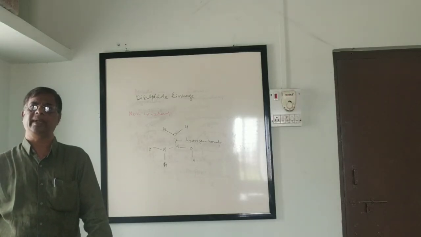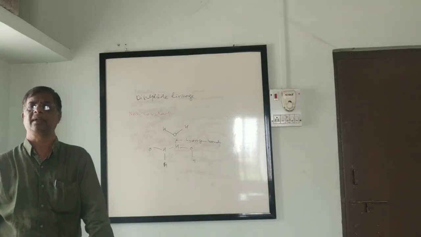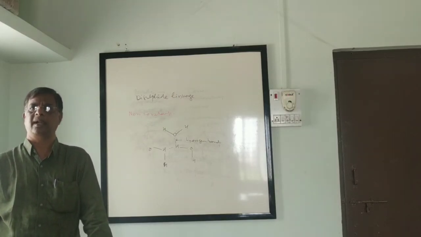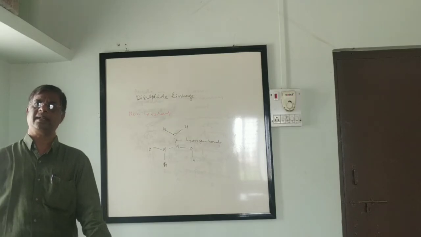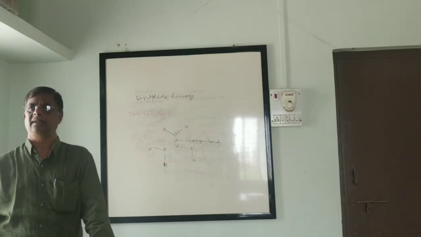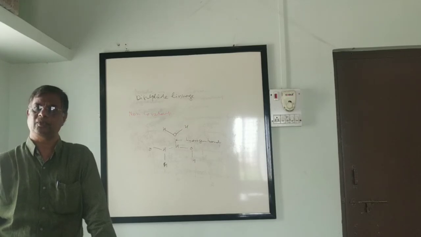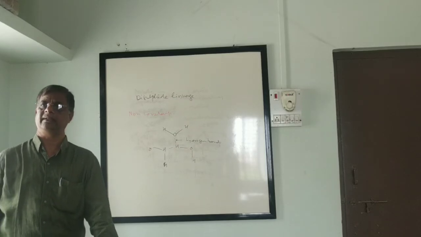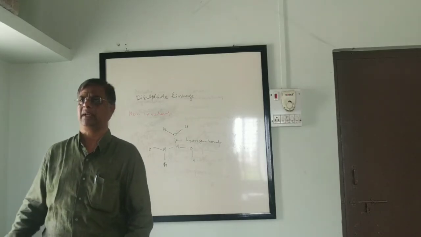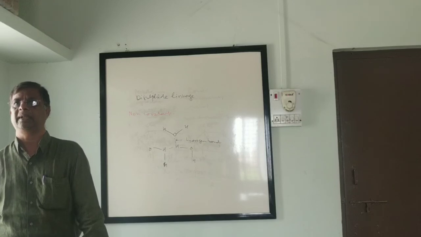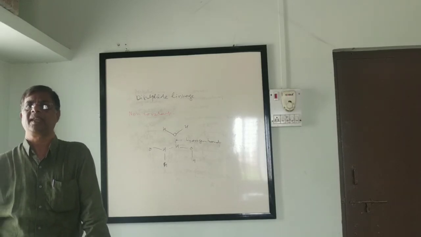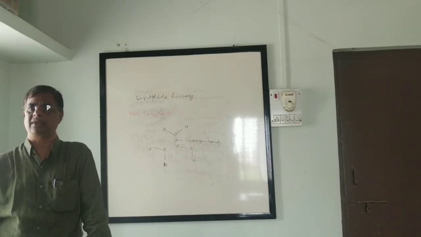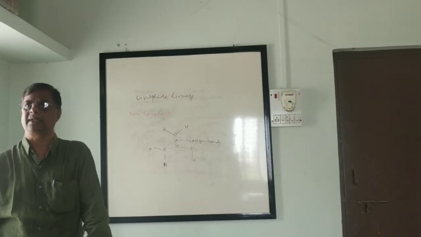Starch is a very big polysaccharide which includes linear linkage of glucose molecules, that is amylose, and branched linkage of glucose molecules, that is amylopectin. By adding amylose and amylopectin it forms a big molecule, that is starch, which is a polysaccharide, and one more is glycogen, which is again a polysaccharide.